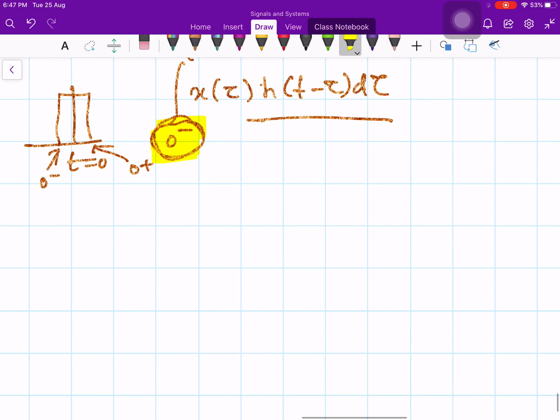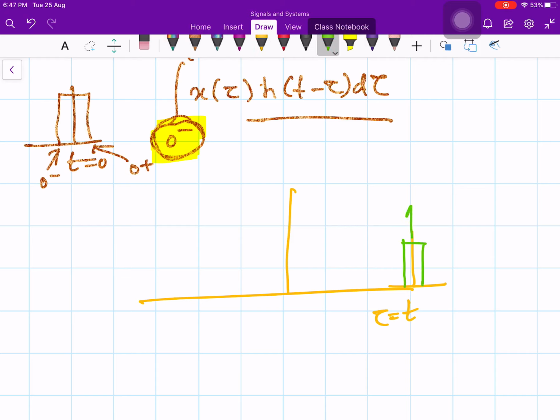Sometimes the impulse may be sitting at, let's say, tau equals t. An impulse like this is the impulse delta of tau minus t, and this is the tau axis.